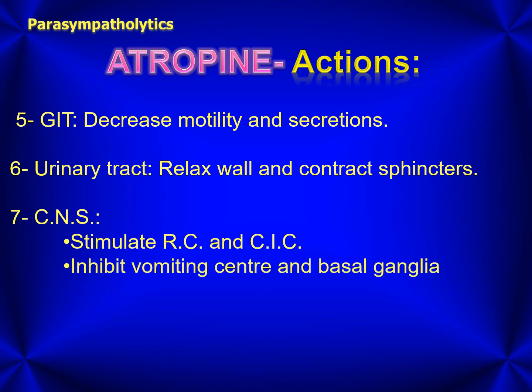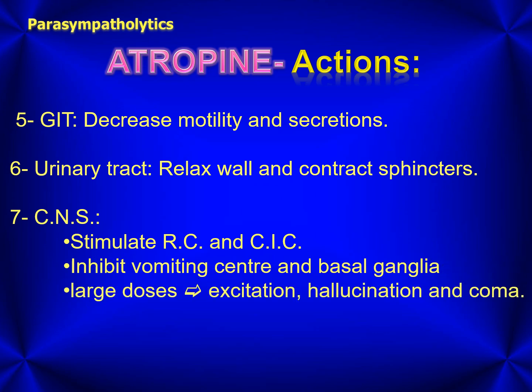Inhibits the vomiting center and inhibits basal ganglia. So it could be used to prevent vomiting, and it could be used in treatment of Parkinson's disease. Large doses stimulate the cortex, inducing excitation, hallucination, and coma. It has weak local analgesic action.